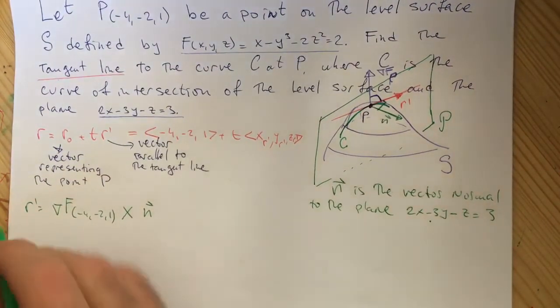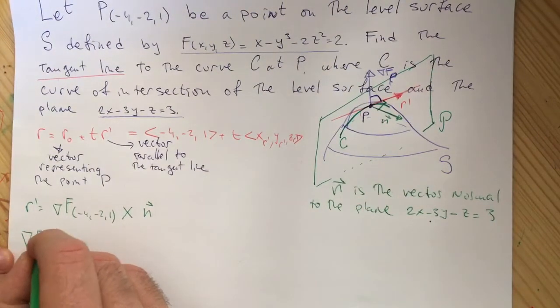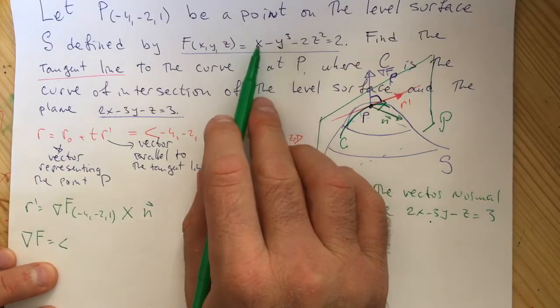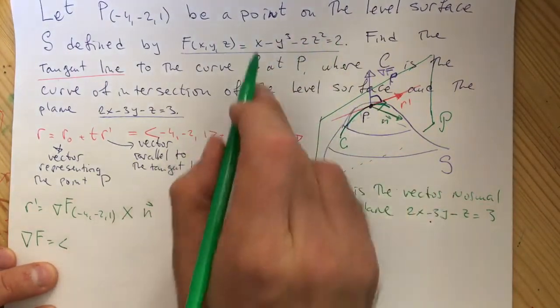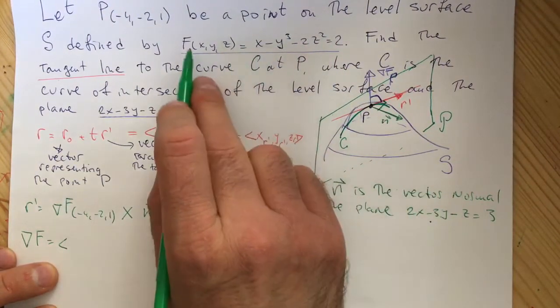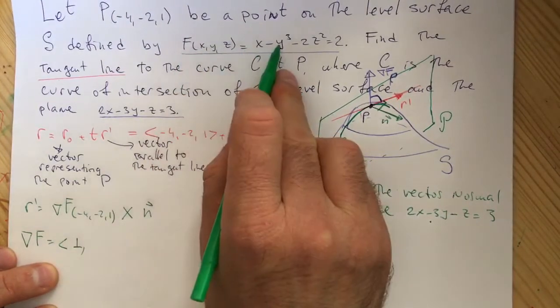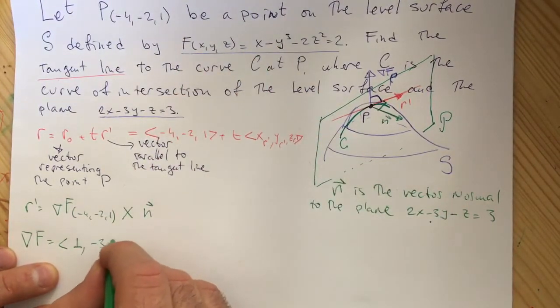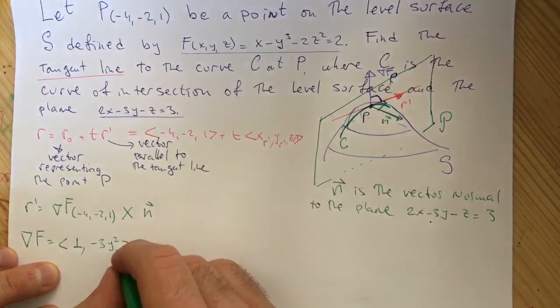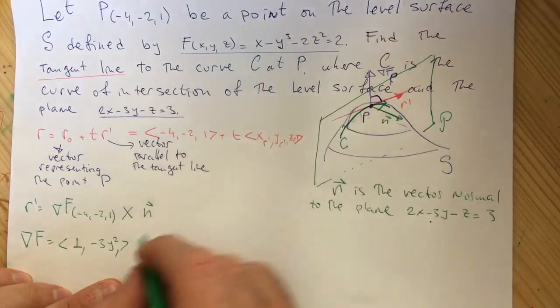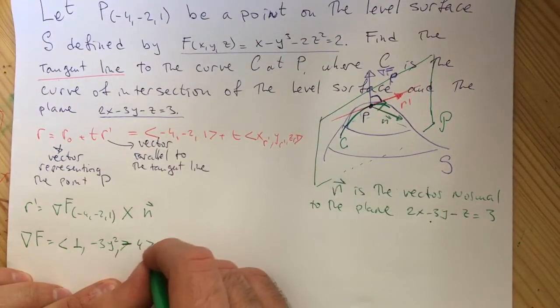So first of all, let's find the gradient of f. It is the vector consisting of the partial derivatives of this function. The partial derivative of f with respect to x is just 1. The partial derivative with respect to y is -3y squared, and the partial derivative with respect to z is -4z.